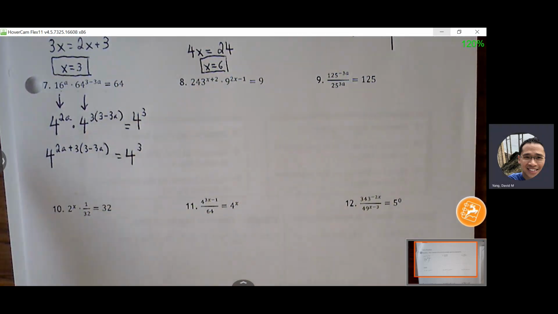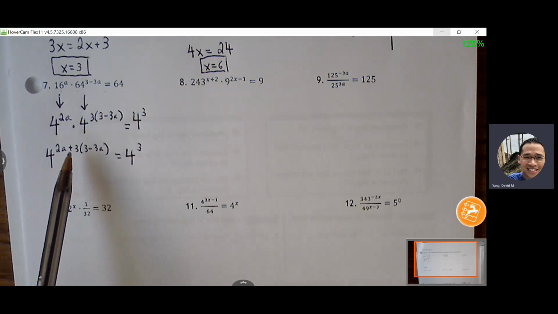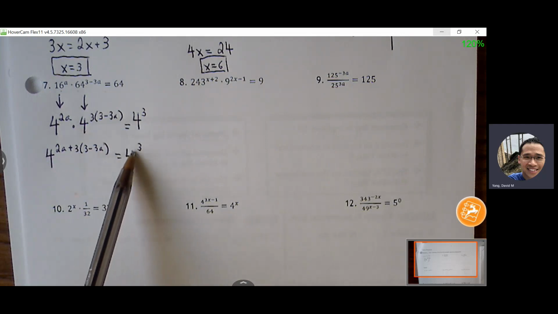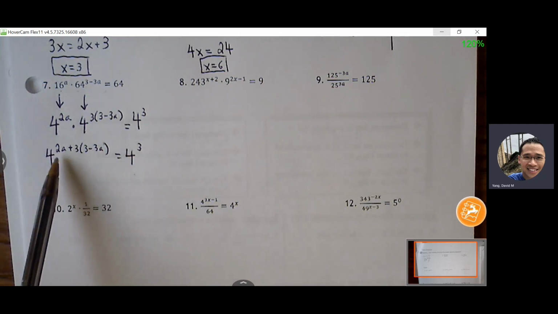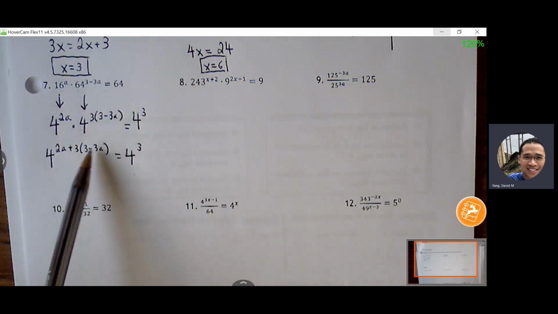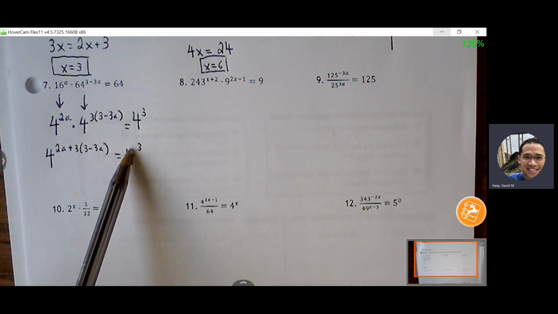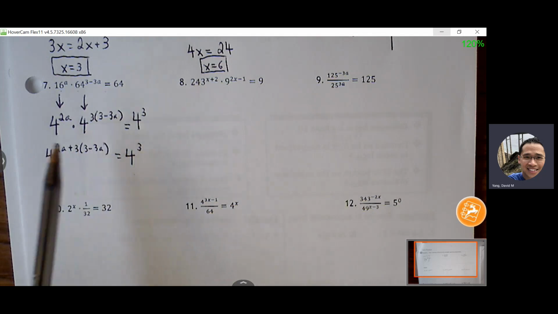So once I do that, then now I have a base raised to an exponent equals base raised to an exponent. The bases match. I can now focus exclusively on my exponents and just try to solve for a that way.